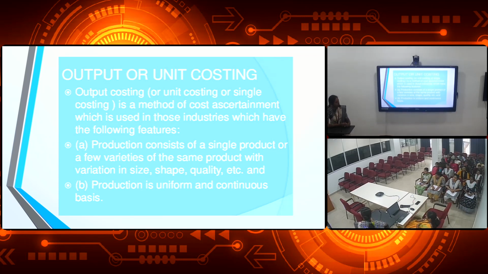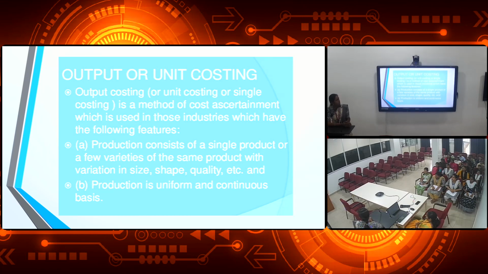Production is uniform and on a continuous basis. So if production is uniform in size, color and shape, the variations will be very minimal, and output or unit costing will be used.